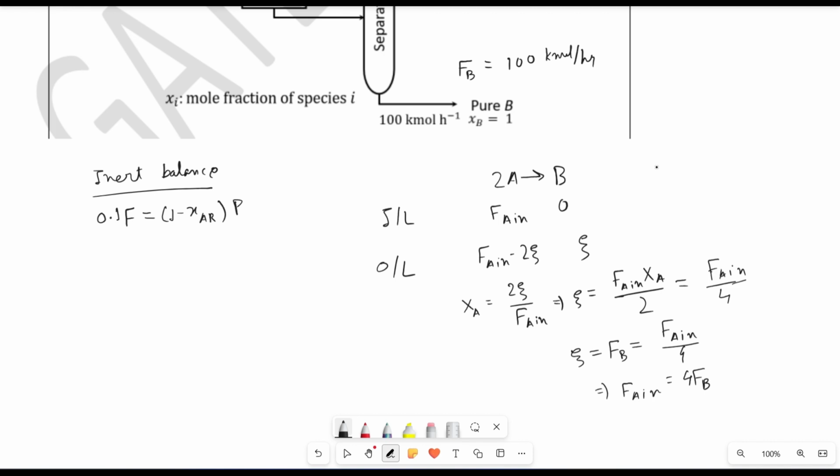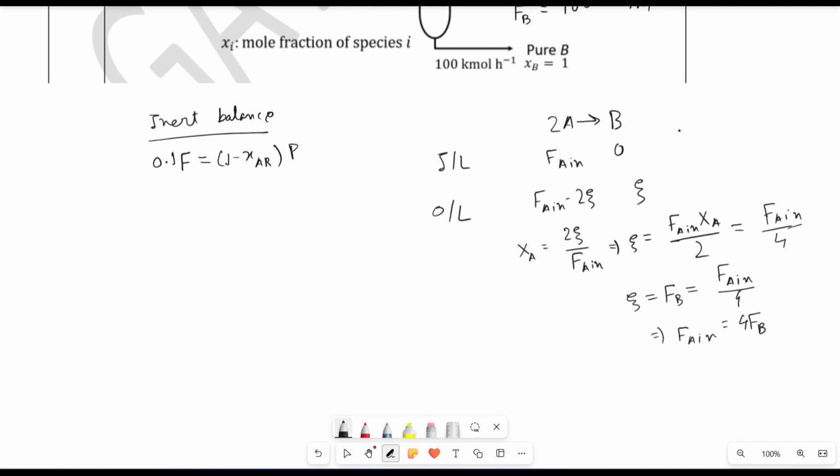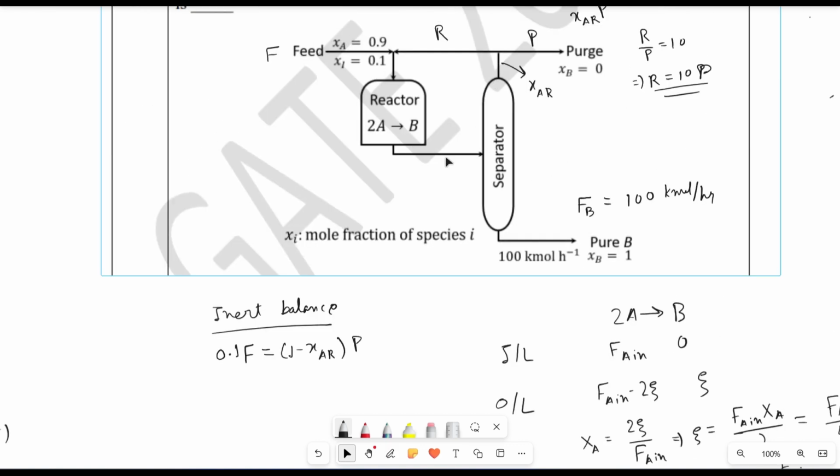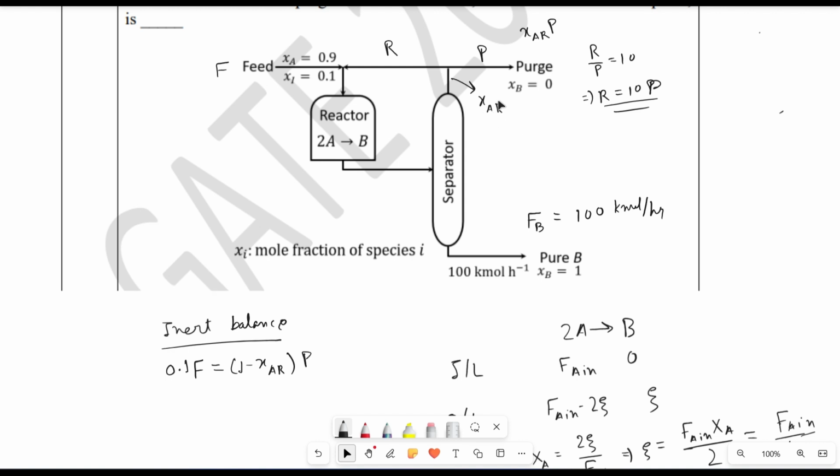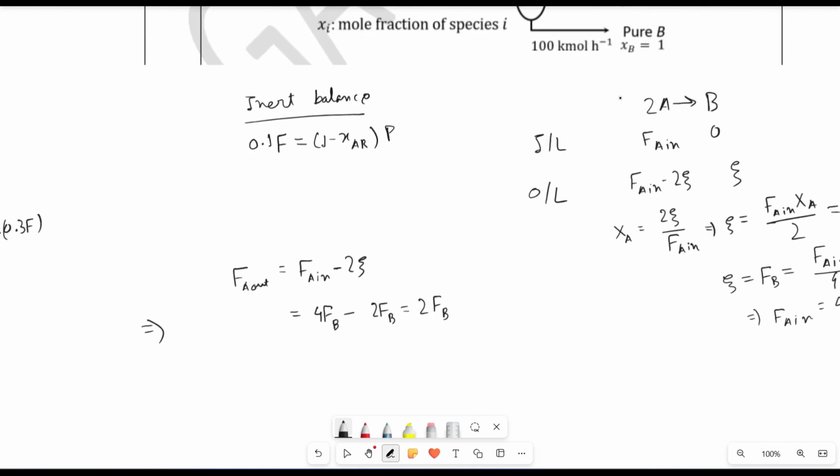Now the outlet is completely recycled. So A out is equal to FA in minus 2 zeta, where FA in is 4FB and 2 zeta is 2FB, so A out is 2FB. Now A out is XAR into R plus P. R is 10P, which is already given.